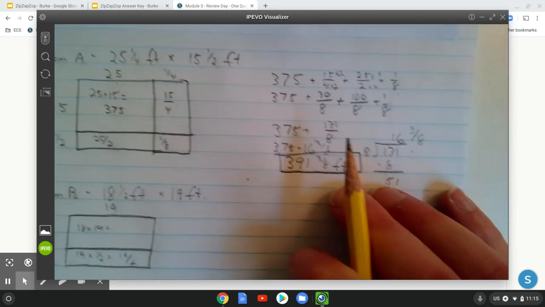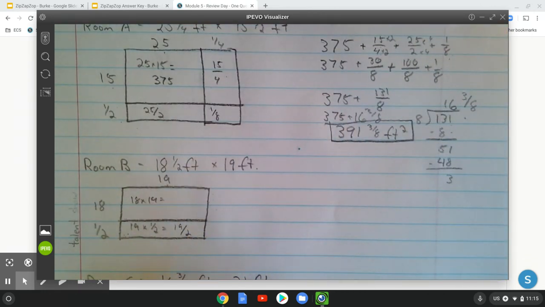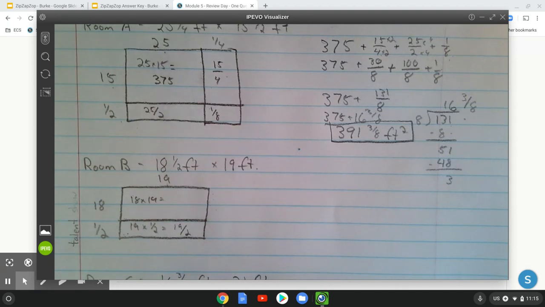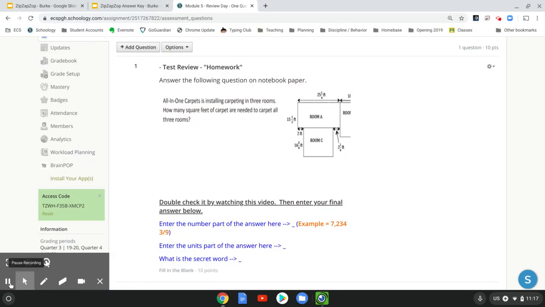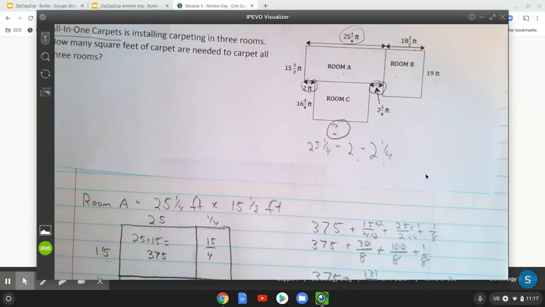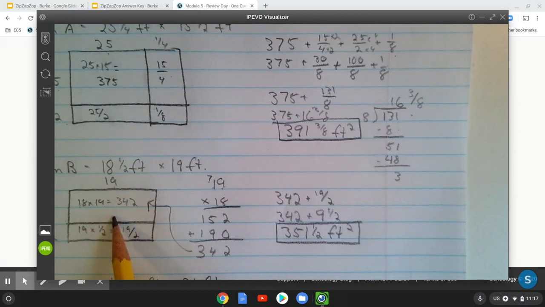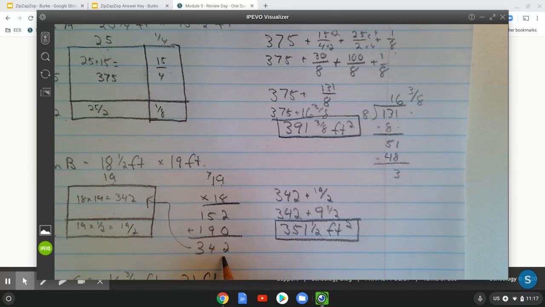Talent. I'm going to pause it and just do this work off to the side. This would require you to also do some multiplication. So I multiplied 19 times 18, got 342.